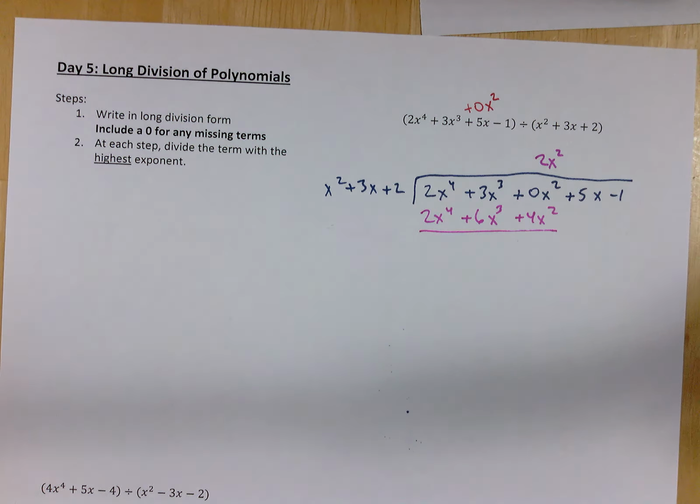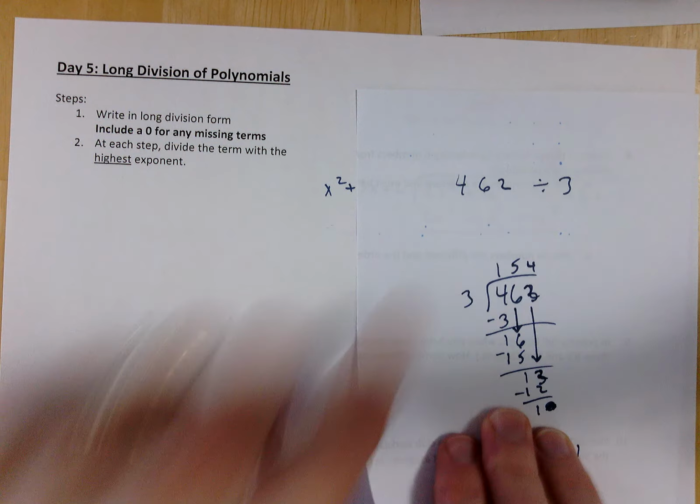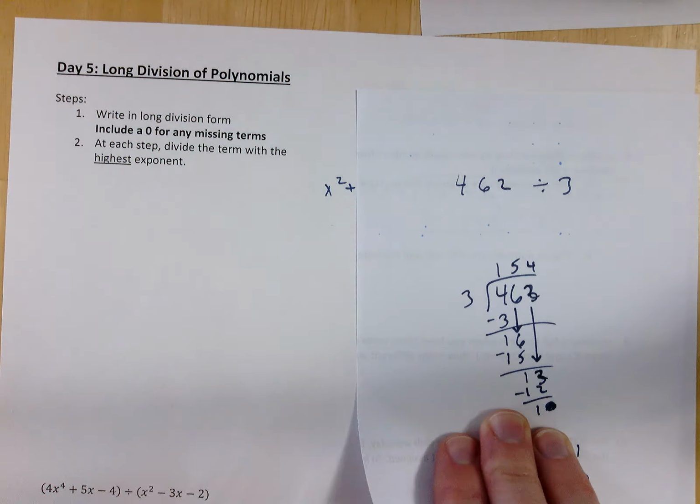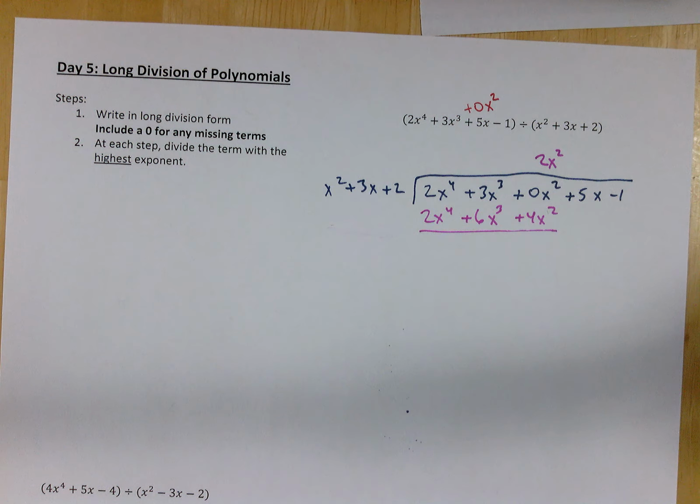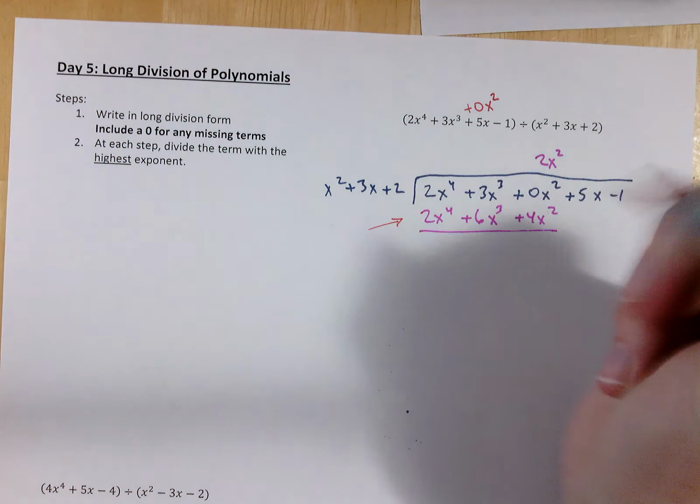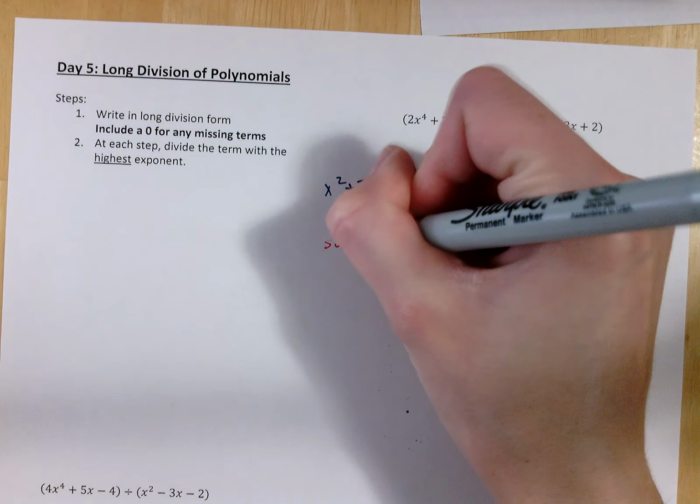So now what are we going to do? Just like in our long division problem before, we subtracted. I multiplied the 1 times 3 and got 3, and then I subtracted 4 and 1. So that's what we need to do next, and this is the most common screw up. We are subtracting here.